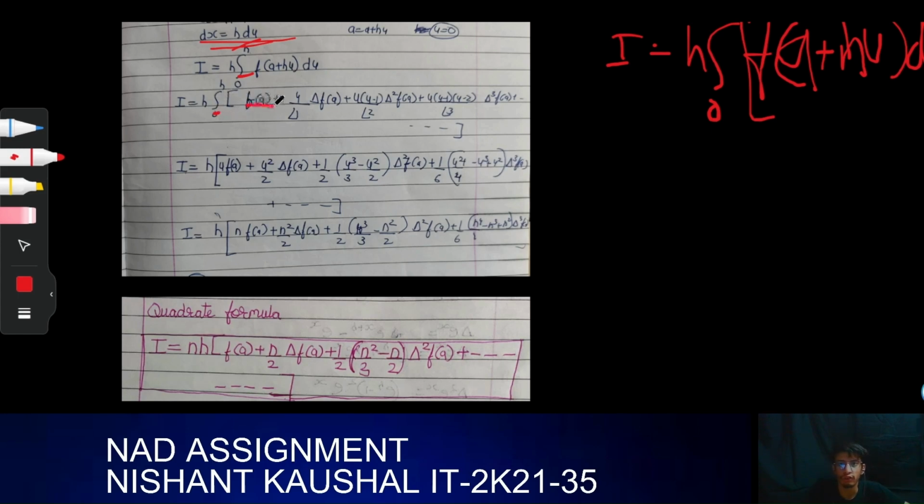So f(a) will become u f(a), u upon factorial 1 will become u square upon 2. Similarly, these terms will become this, and these terms will become these, right? So now we can replace u by n. So I will become h n f(a) plus n square del f(a), and so on.